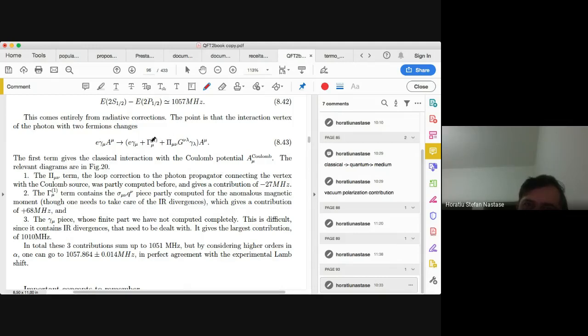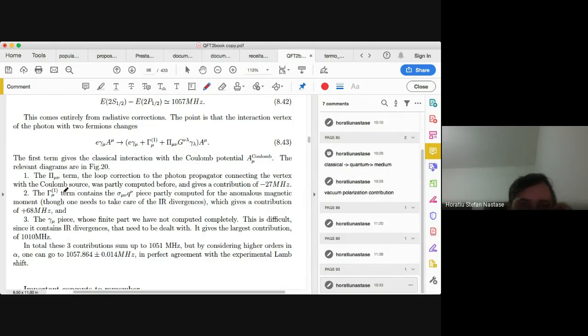This contribution to gamma with the vertex itself, yeah, here I wrote this is a typo.